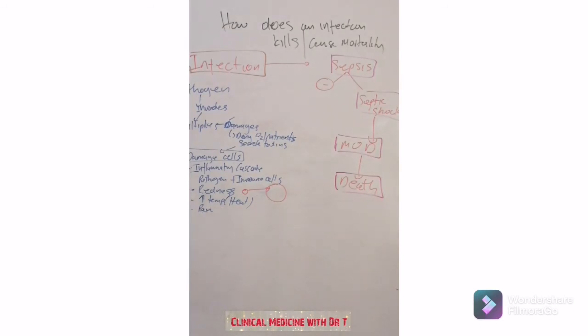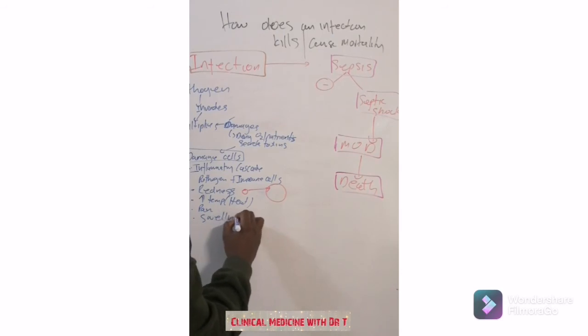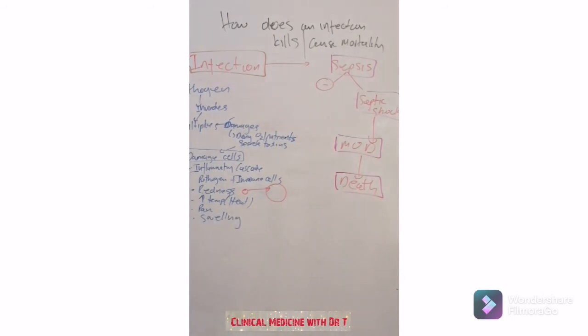These are called the cardinal signs of inflammation. And because you've got a lot of blood coming in there, you get swelling. The reason why people put on ice when there is swelling is because once you put on ice, you are pushing this blood vessel from being this big to being this big.